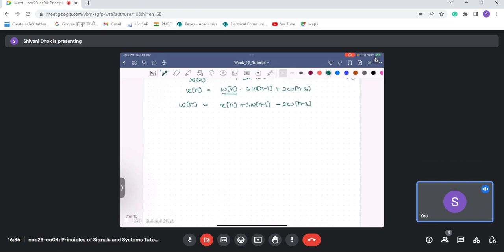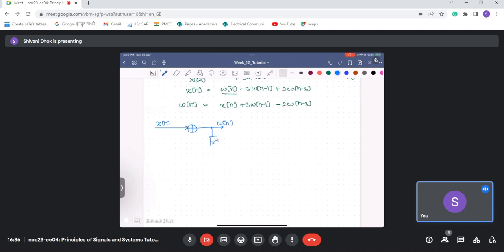So what I have is, this is my x of n, this is as it is, and this something gets added here to give me w of n, and it is basically my delayed version.